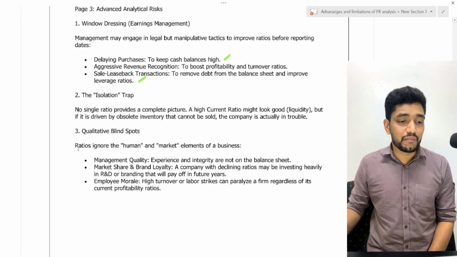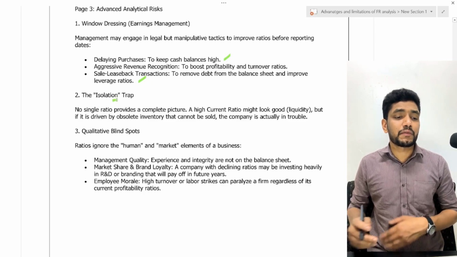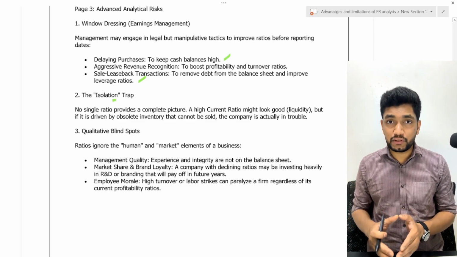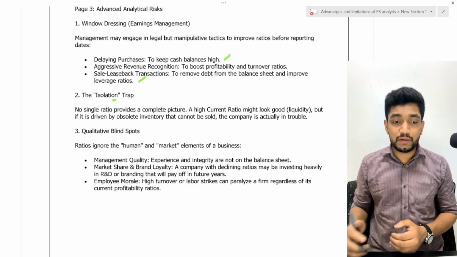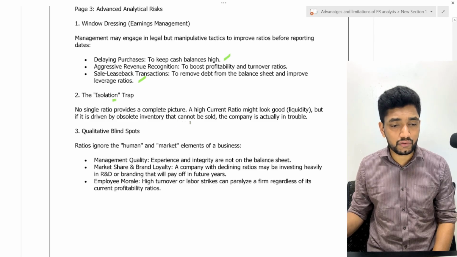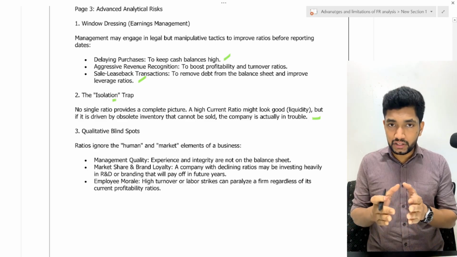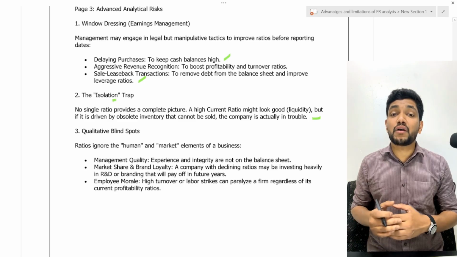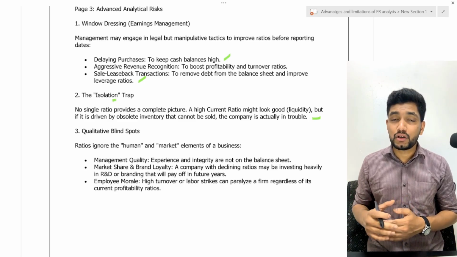Then the isolation trap. Isolation trap means a single ratio cannot provide a complete picture of the performance. That means a high current ratio may look good, but it's often driven by obsolete inventory that cannot be sold. The company is actually in trouble. Suppose you are looking only at the current ratio; it can look better if we have some obsolete inventory or non-moving stock.